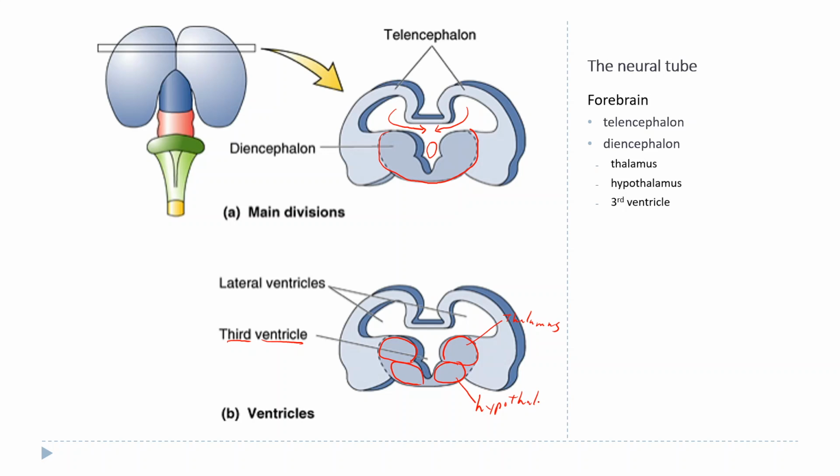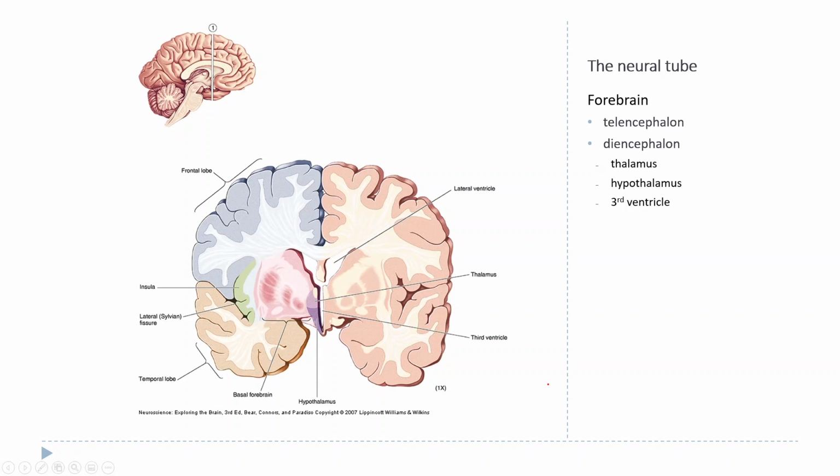And in the adult brain, again in cross-section, here's one view of those two structures. Now here it looks like they're very small. This is just the very anterior thalamus. And here's a more anterior view of the hypothalamus. If you looked at a cross-section that was further back, they would look bigger.